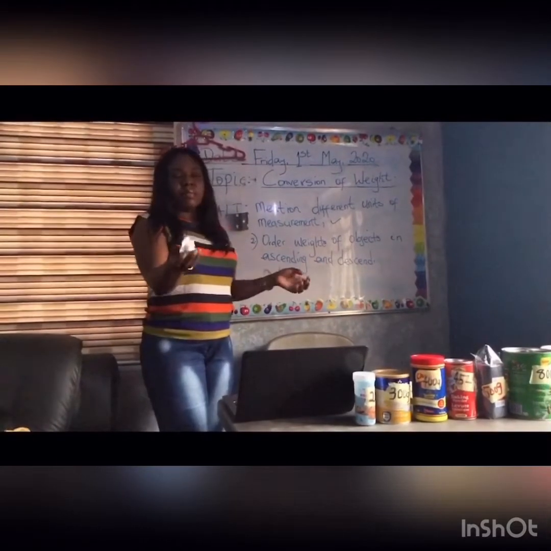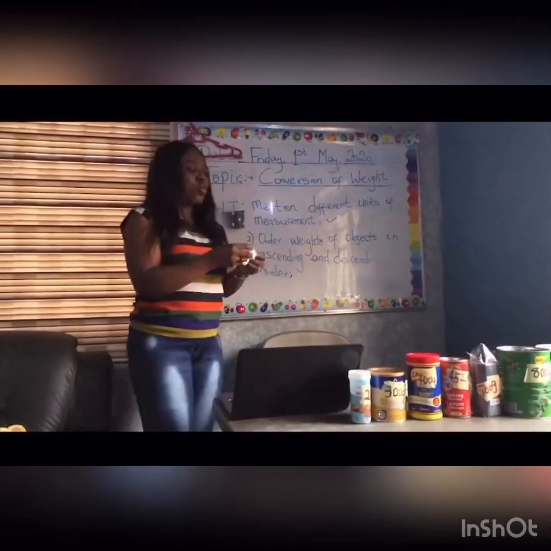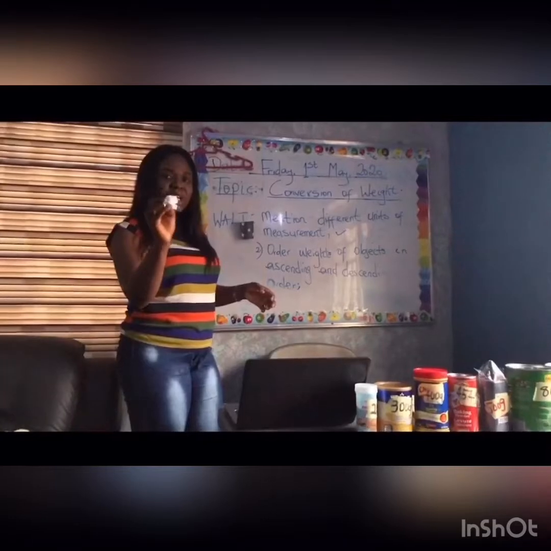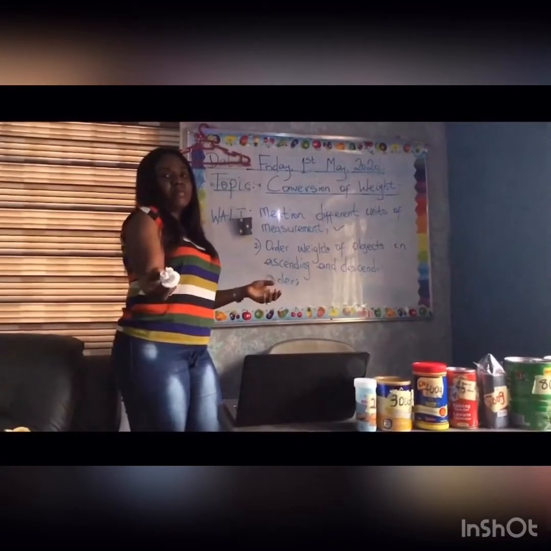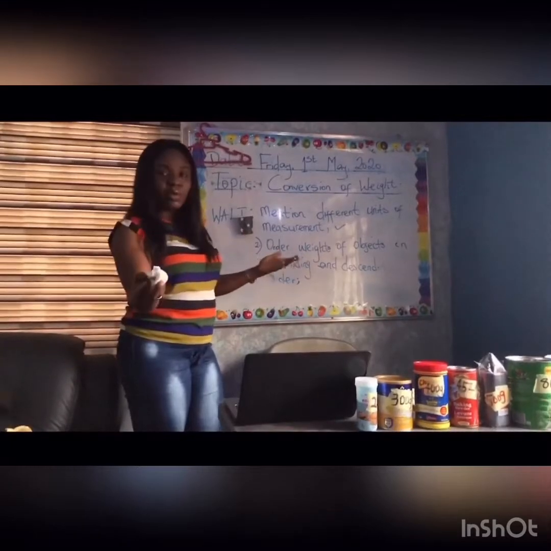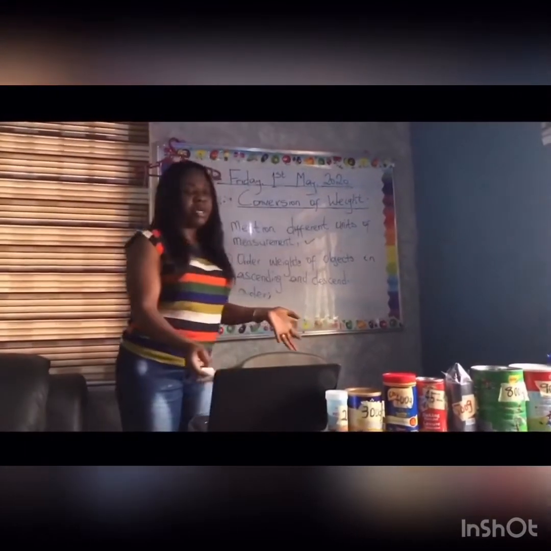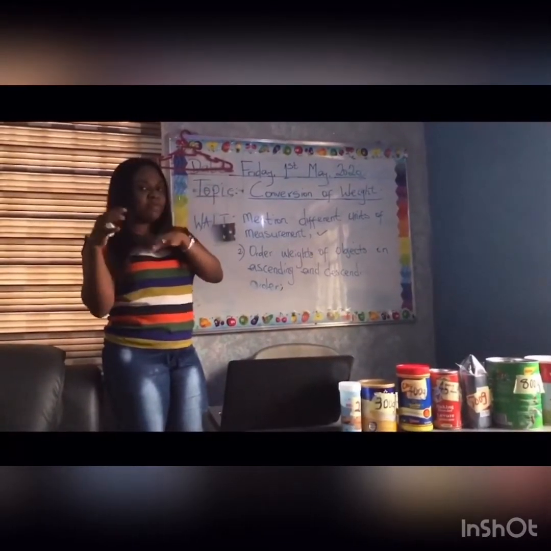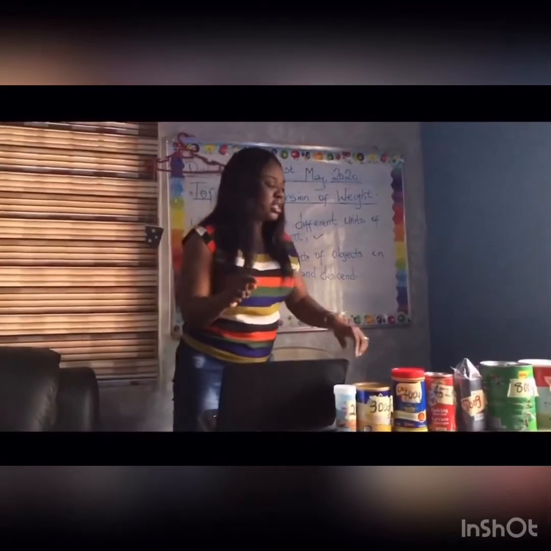Even my baby can carry this. It's really light. So when we want to measure the weight of this, the unit is going to be in gram. Alright? It could be 1 gram or 2 grams or 10 grams. Nobody knows until we measure. So gram is a unit of measurement used to measure light objects.